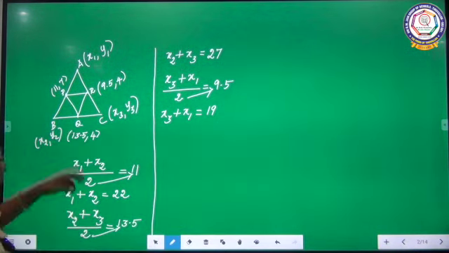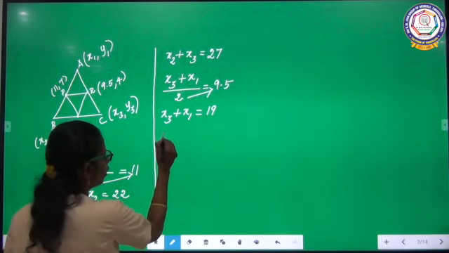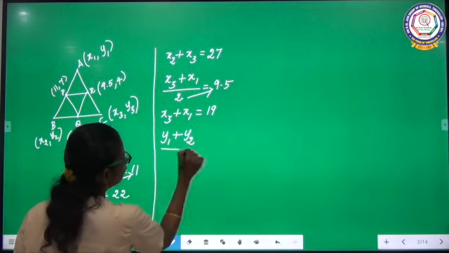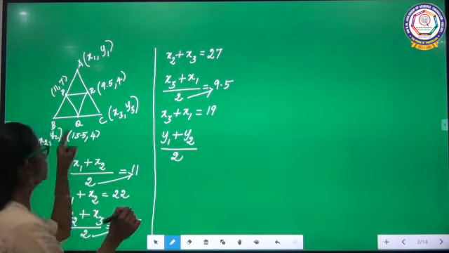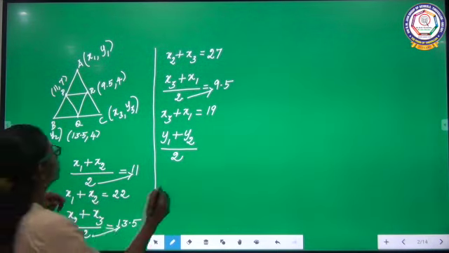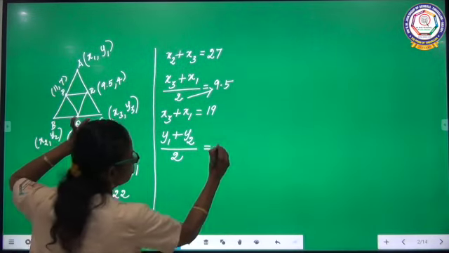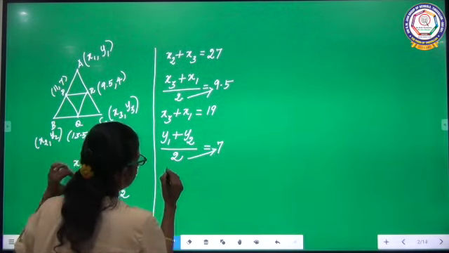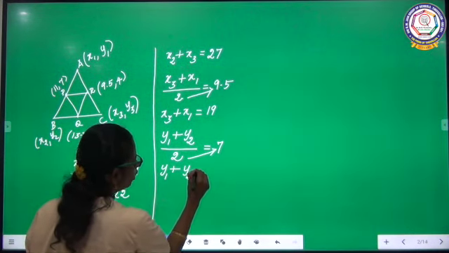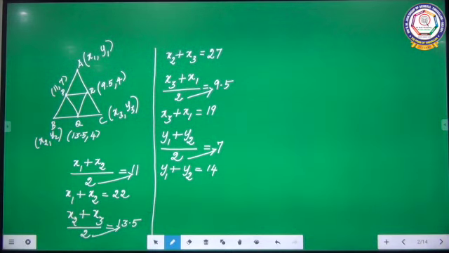Now I am going to do it with y, that is the ordinate. (y1 plus y2) divided by 2. Because it is given as a midpoint, I am applying the midpoint formula, equal to, what is the ordinate here? 7. y1 plus y2 equals 14.